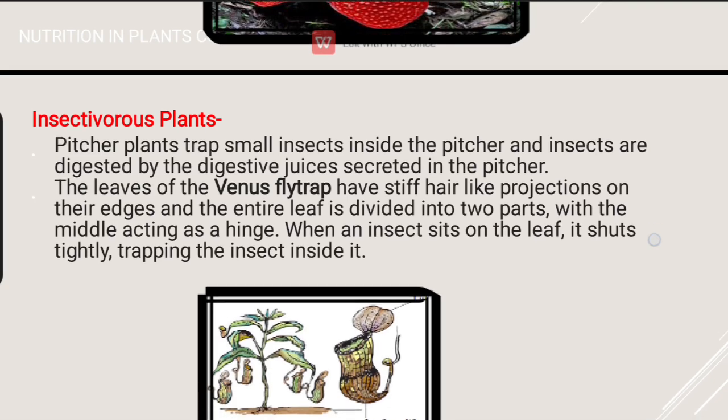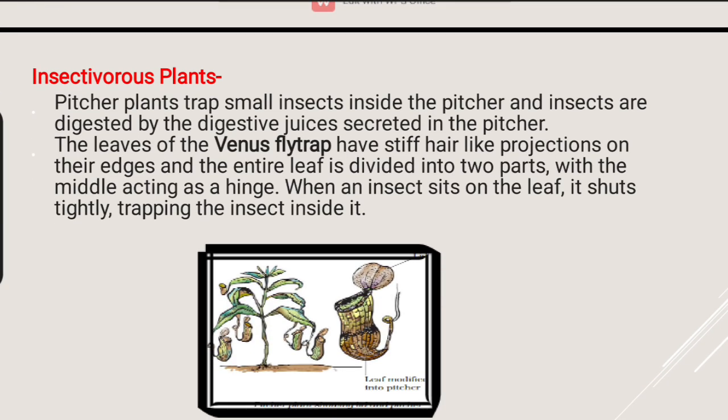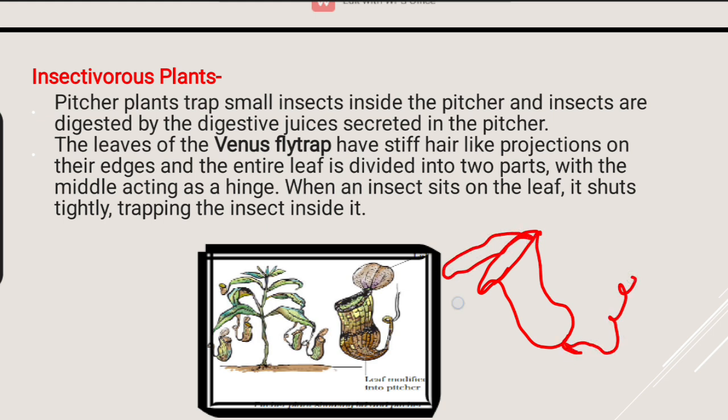Insectivorous plants. These plants trap insects inside a structure that is known as a pitcher. One famous plant is known as the pitcher plant. Here, when an insect sits, the lid of the pitcher plant closes and the insect is trapped inside.